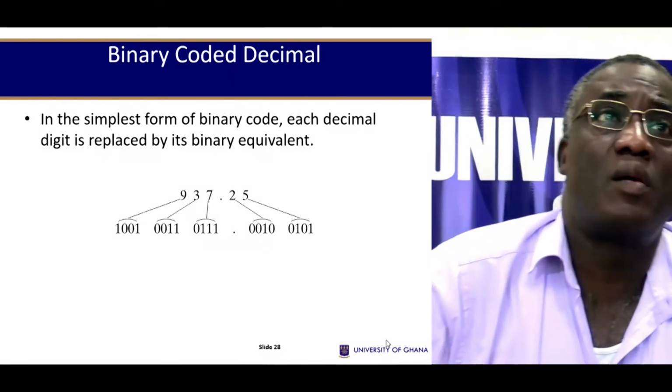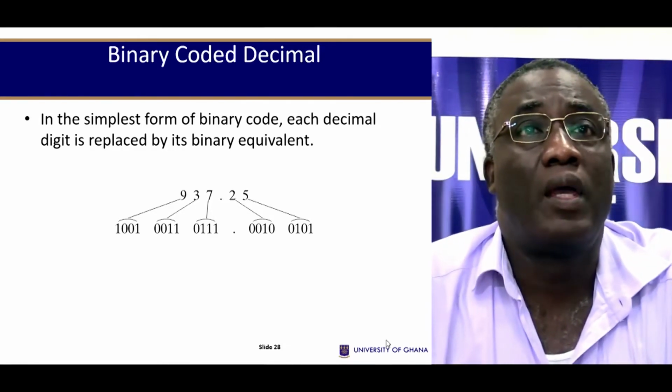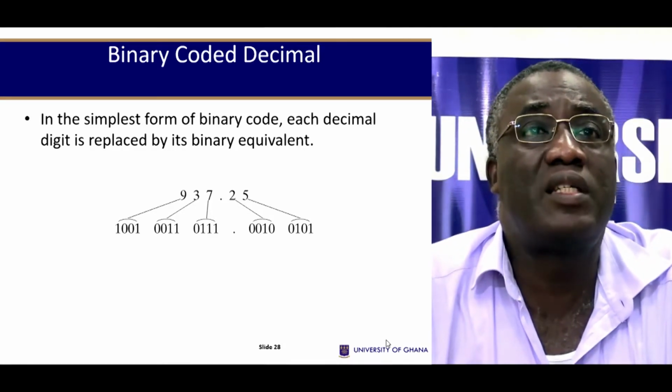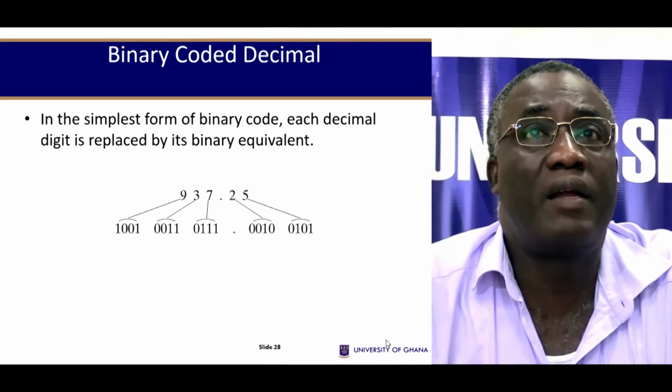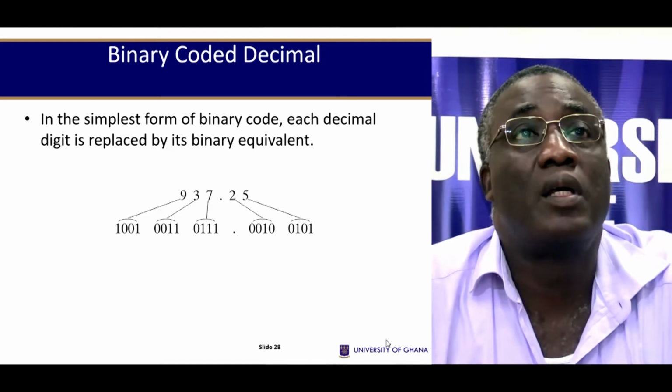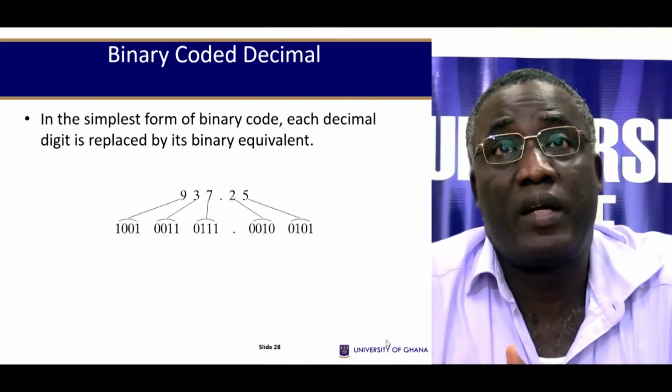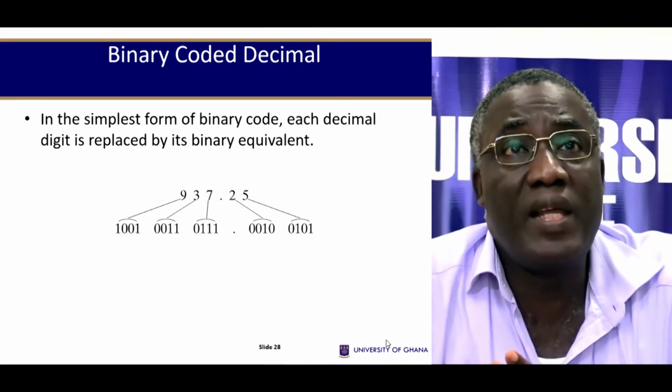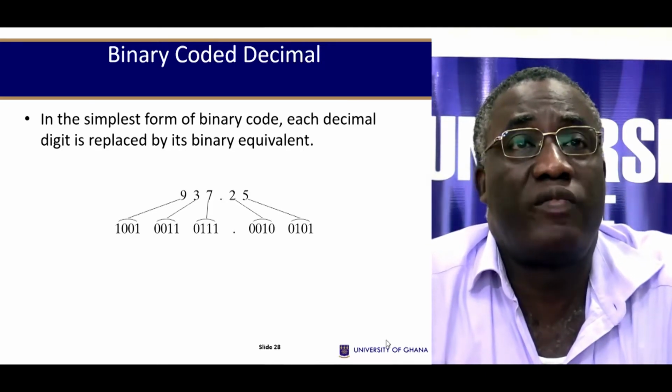The binary coded decimal is the simplest, in which case each decimal digit is given a binary equivalent. So in the simplest form of binary code, each decimal digit is replaced by its binary equivalent.